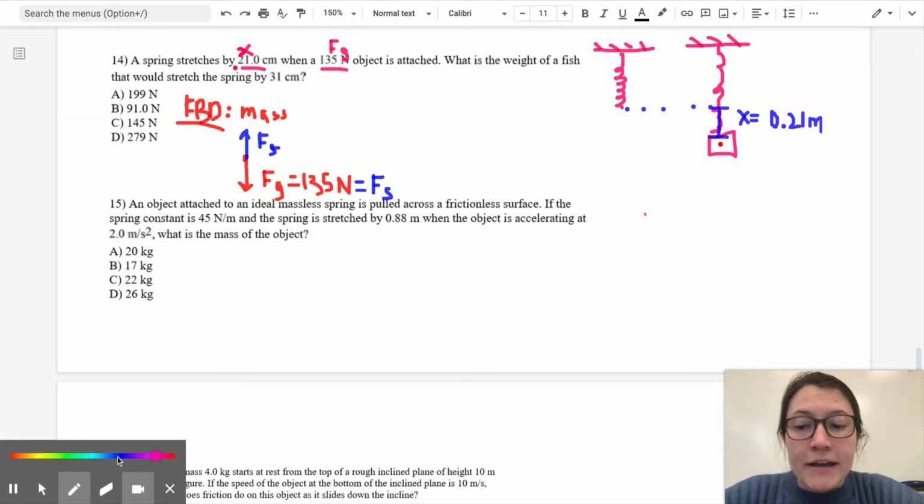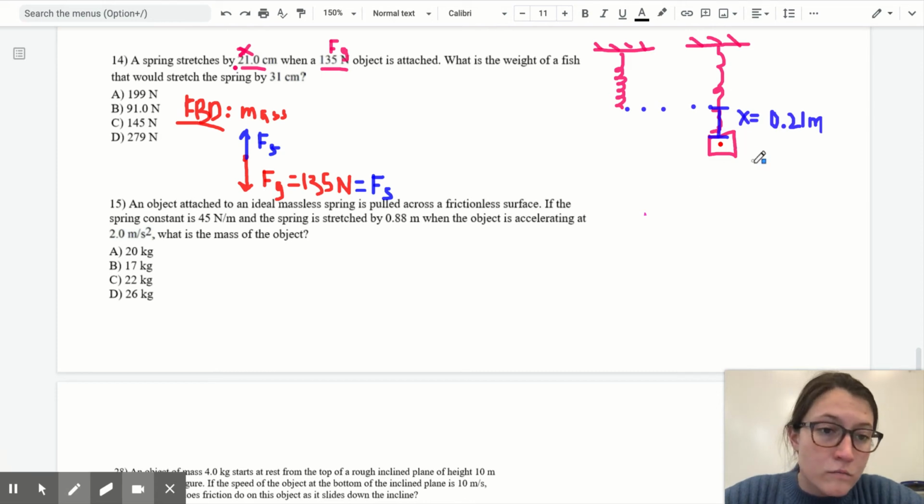So with that in mind, if we know the spring force that causes that stretch, F sub s, is 135 newtons, and that force causes the spring to stretch 0.21 meters, we can use that information to find out the rigidness of the spring, which we're not told in the problem, and we need for part 2.